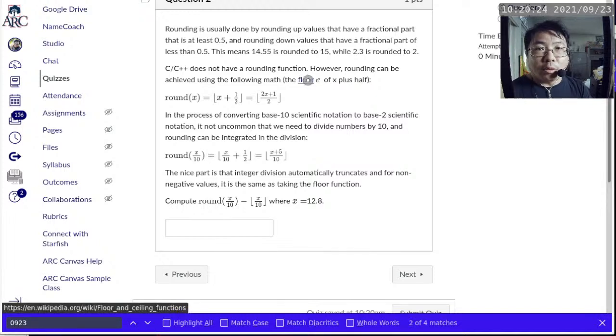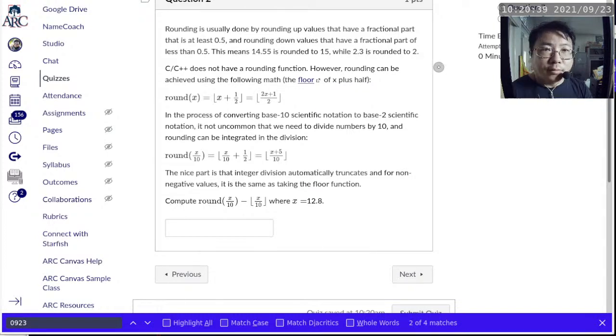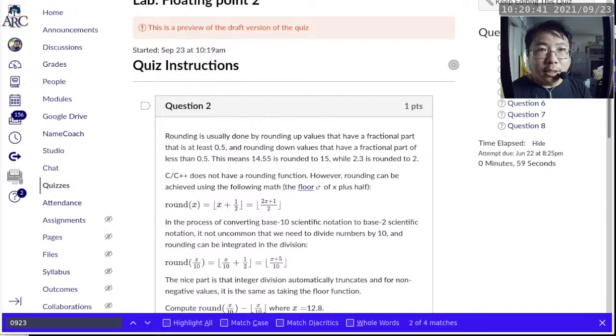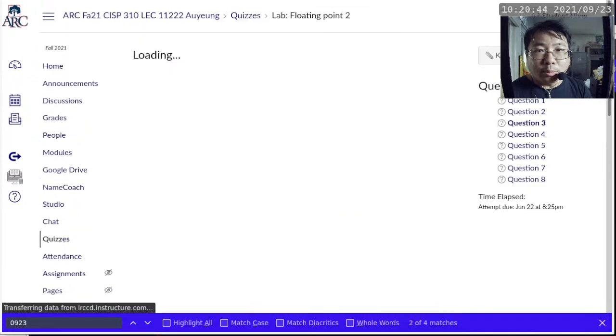The floor of a particular value is the largest integer that is less than or equal to the value. Rounding is easier: 14.55 is rounded up to 15, 2.3 is rounded down to 2. So the rounding problem should not be a big problem.